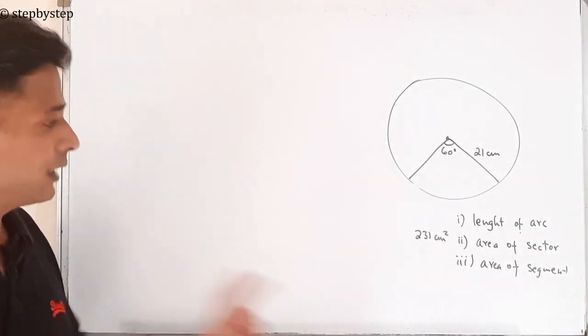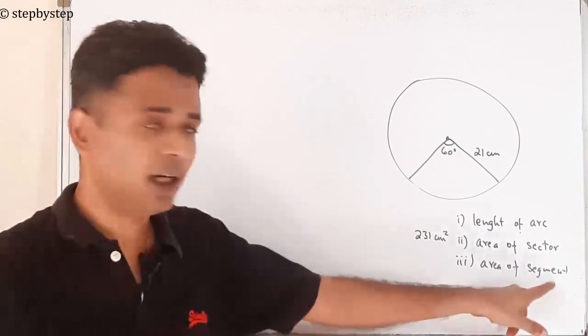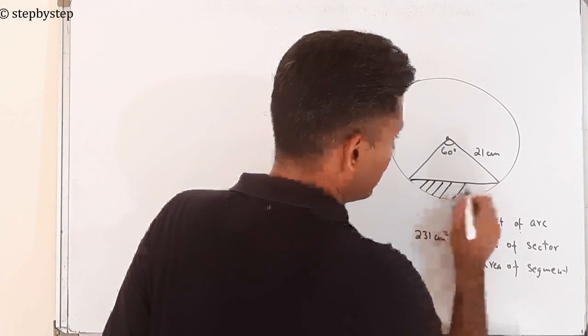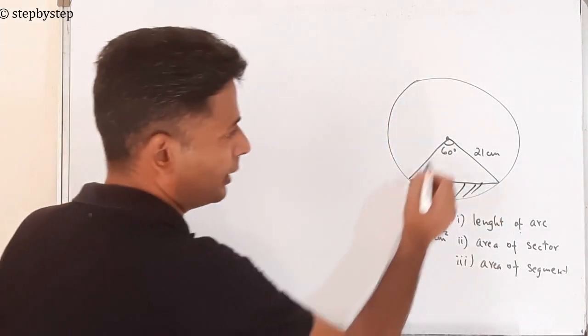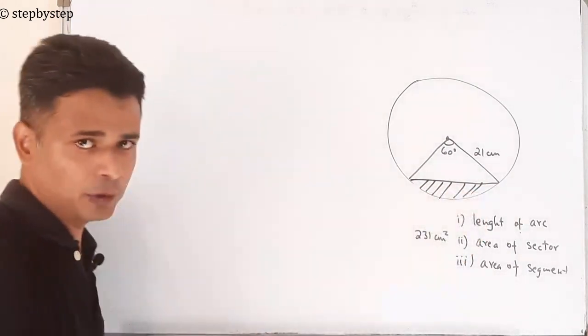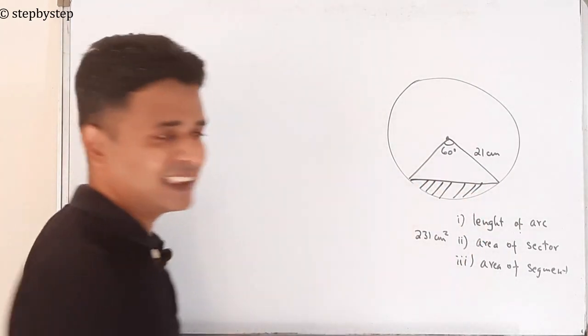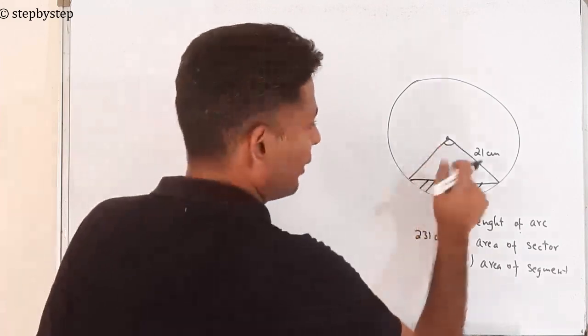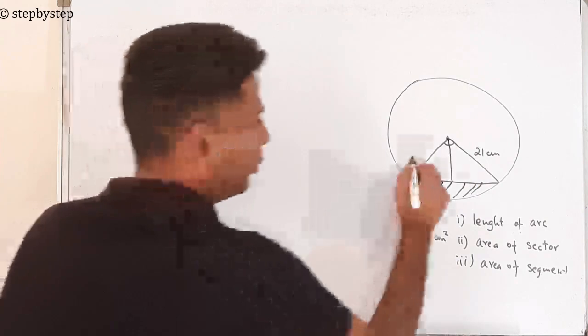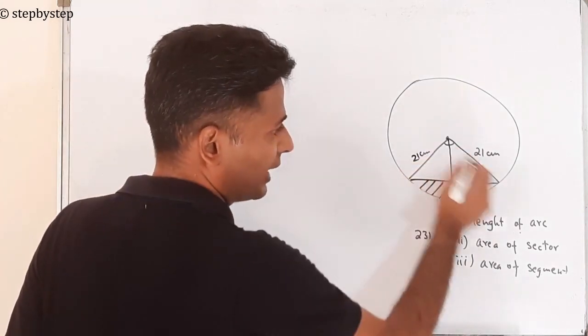Alright guys, now the third question they have asked us is the area of segment, which is the area of this part. Now to find the area of this part, what will it be? Area of sector minus area of triangle. Area of sector we have already found just now. How will we find the area of this triangle? See guys, if I draw an altitude from this point, now this is also 21 centimeters radius, right?